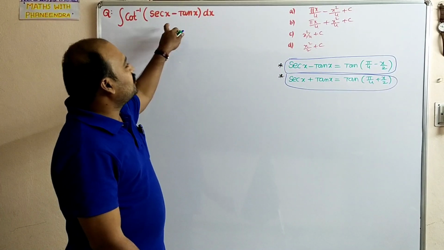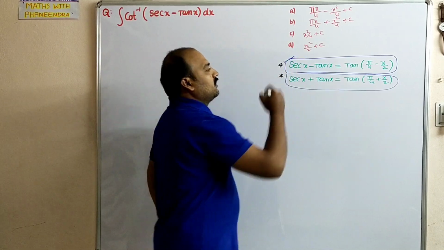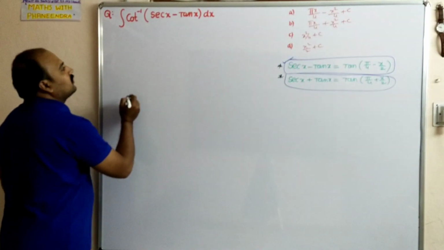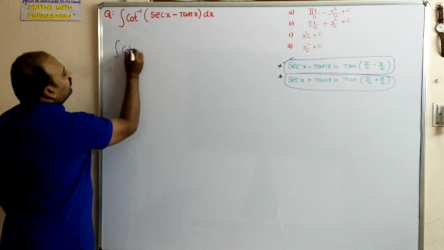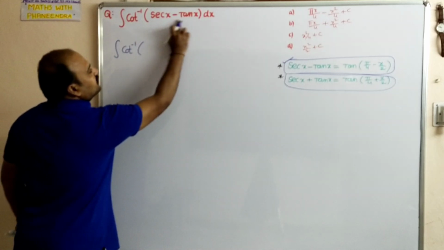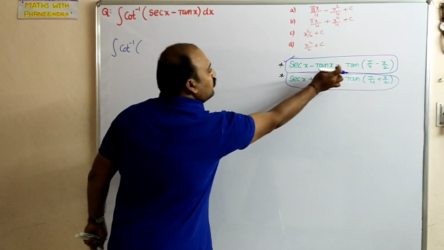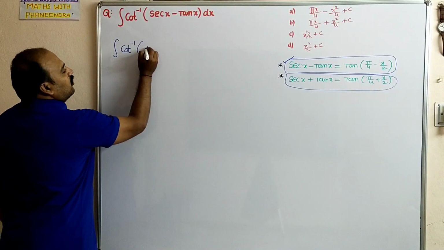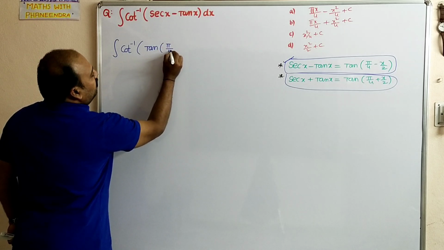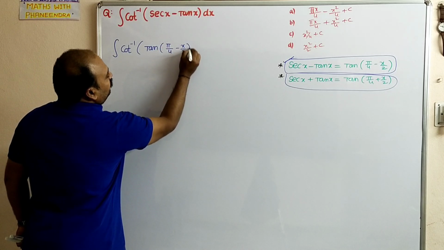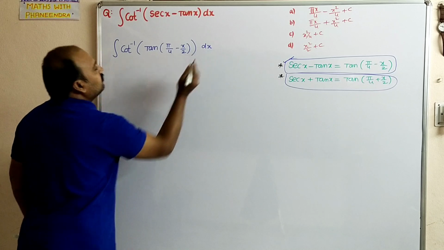So according to the question, we require the first one. So now the given integral cot inverse of, in place of secant x minus tan x, you have to replace with tan of pi by 4 minus x by 2 into dx.